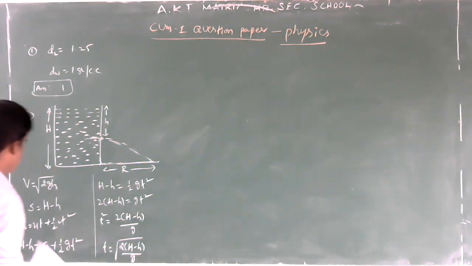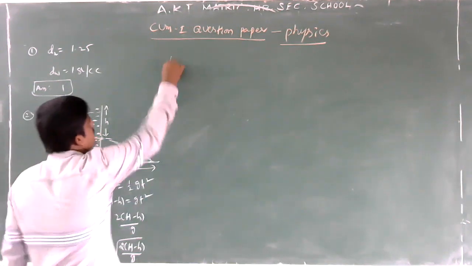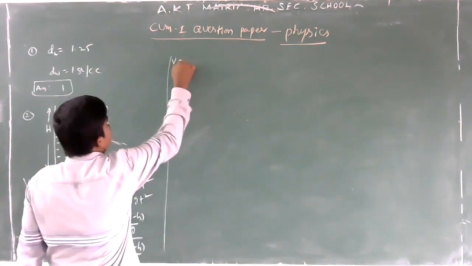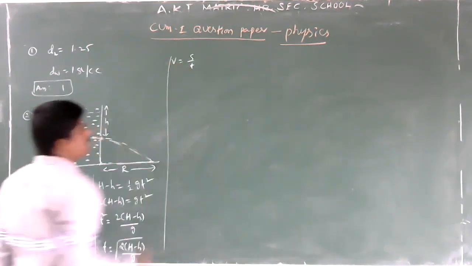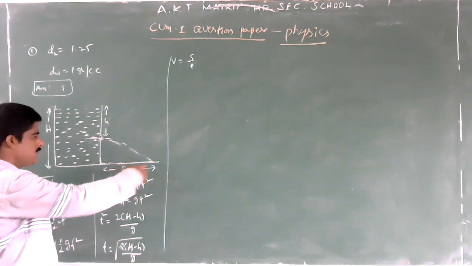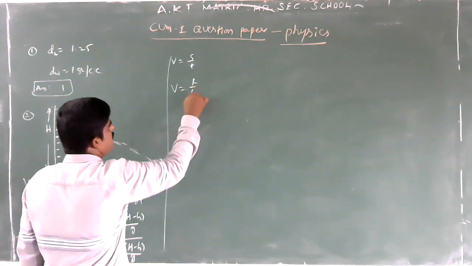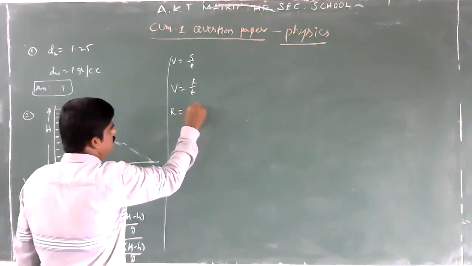So t is the time taken by the liquid to reach the ground. Next, we know the speed. The general form is speed equals distance by time. Here the distance is the horizontal distance, the range, that the liquid travels horizontally. So V is equal to R by t, or R is equal to V into t.